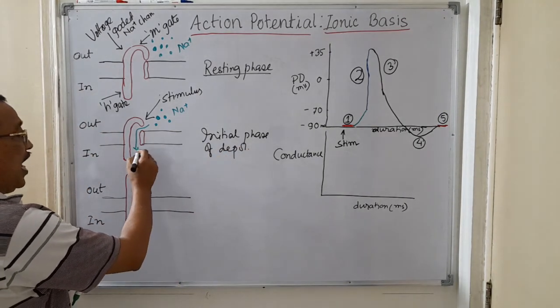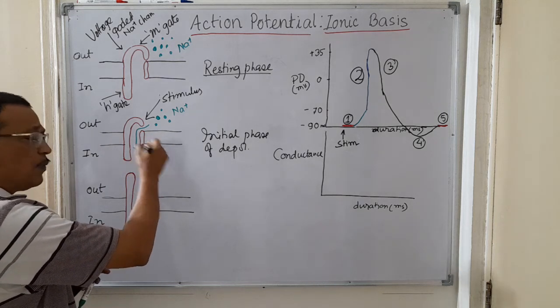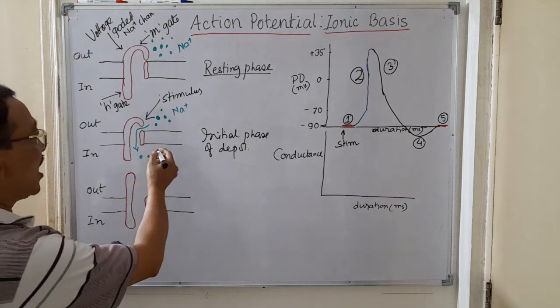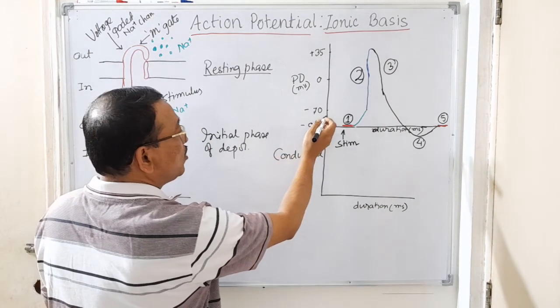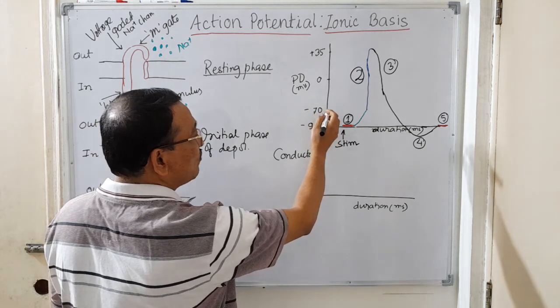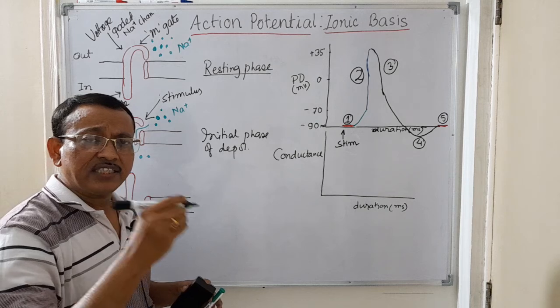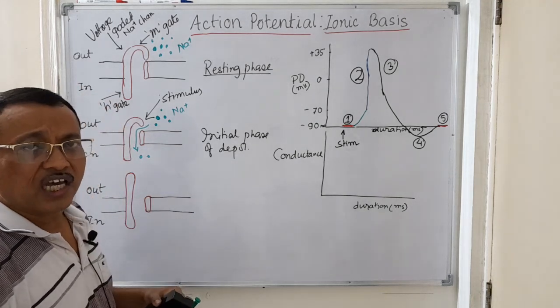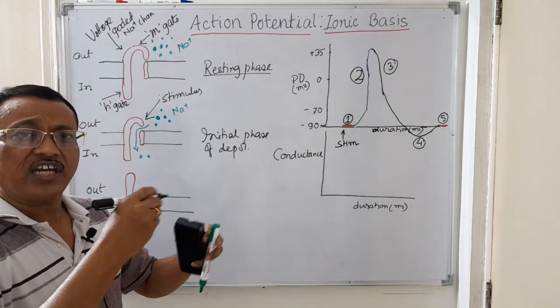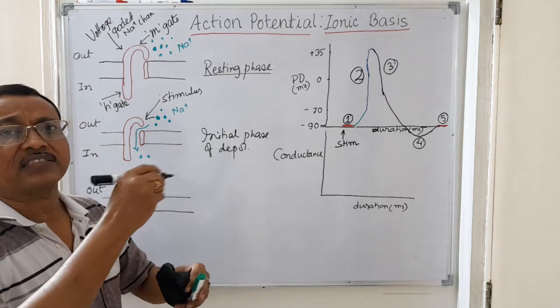Now, as some change of the voltage is taking place, that means inside minus 90 becomes, suppose, minus 80 or 85, that change of the membrane potential will initiate the positive feedback cycle.